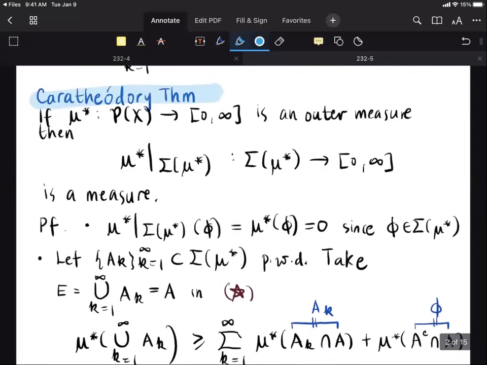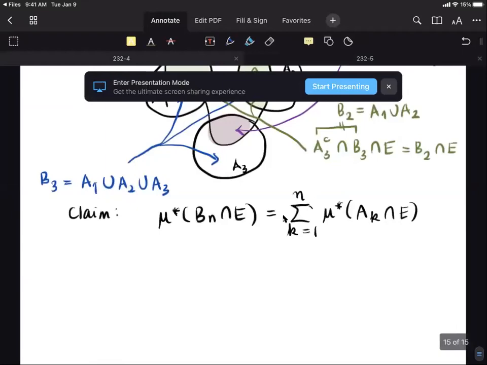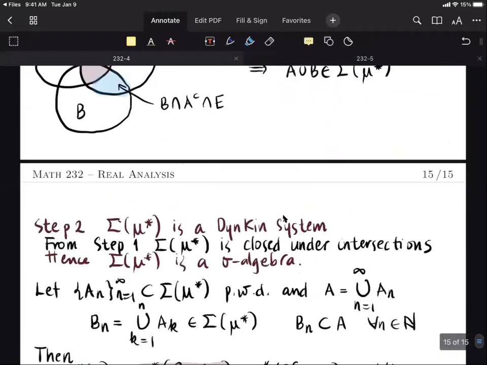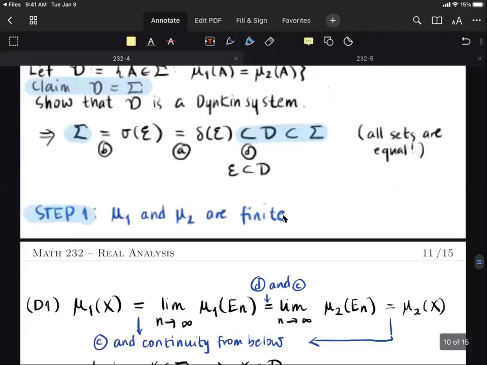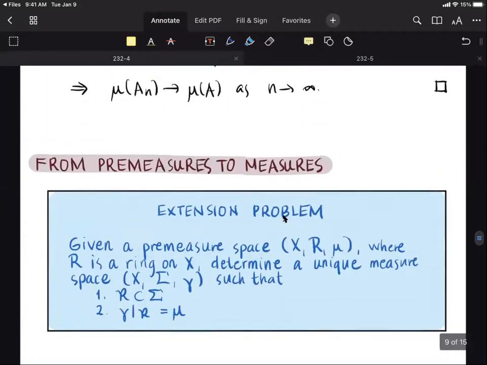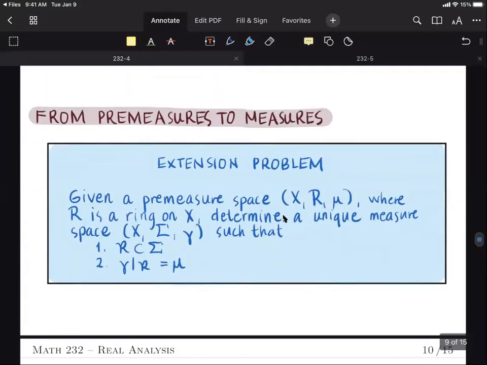So going back to Caratheodory's theorem, if we have an outer measure, we can generate a measure. Looking at our extension problem at the beginning of this lecture, we start from a pre-measure.